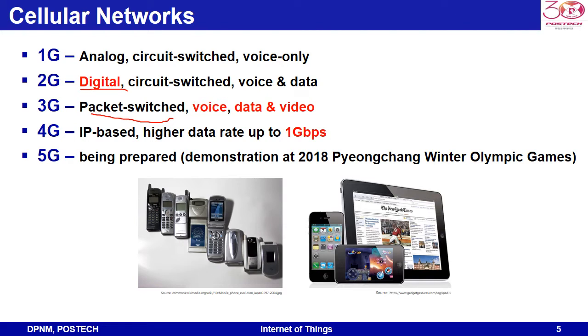So packet switching was used instead of circuit switching in 3G. And we can say that it could be a real digital generation from second generation. It was all digital after second generation, but it has been used in the packet switched way from the third generation.